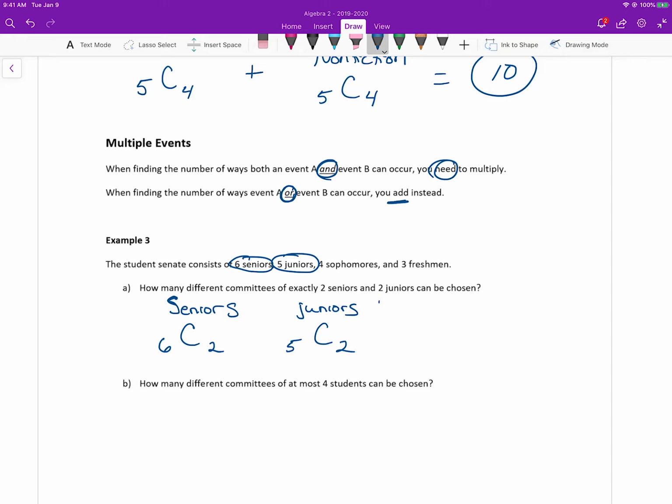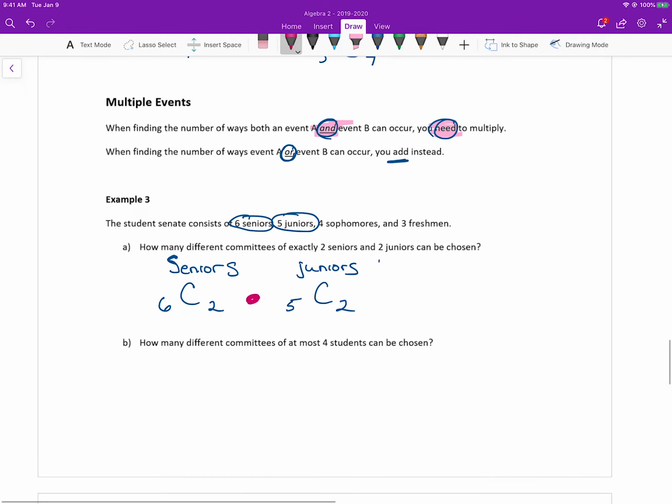And this is and. So for and, we need to multiply because anytime we have an and situation, we're going to multiply. And on your calculator, we can figure these out. Try it. Hopefully, you're pausing the video, trying out these calculations, and this is going to end up being 150 different possible committees.